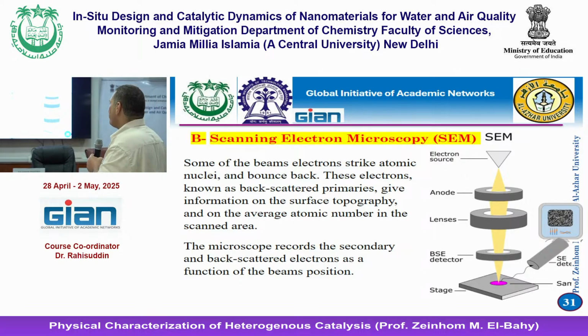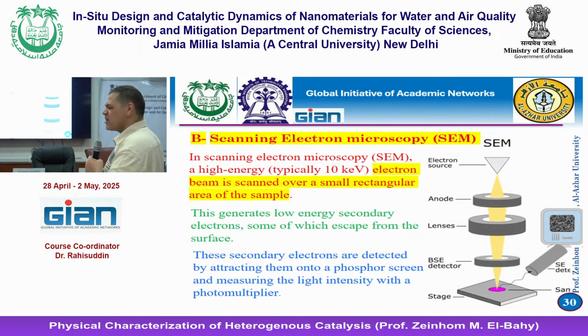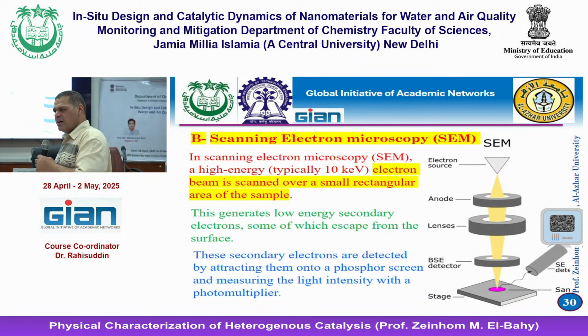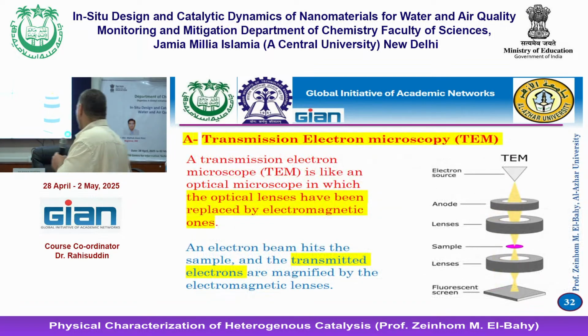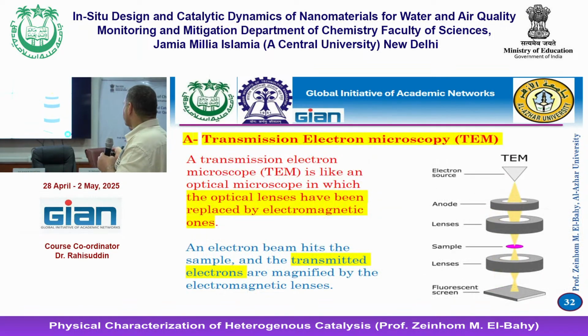In TEM, transmission electron microscope, the story is a little bit different. They have the same electron source and the lenses to filter and condense these electron beams, and it goes to the sample.